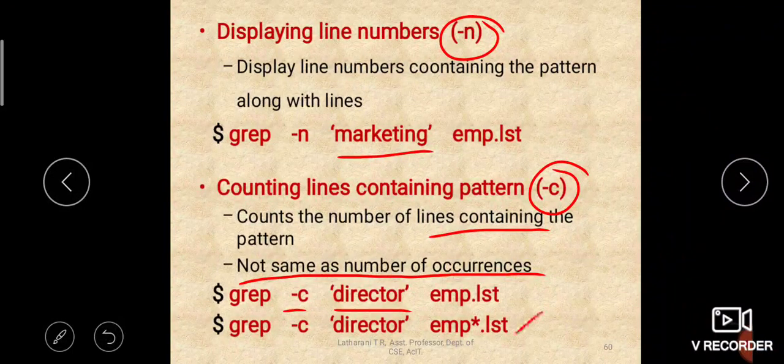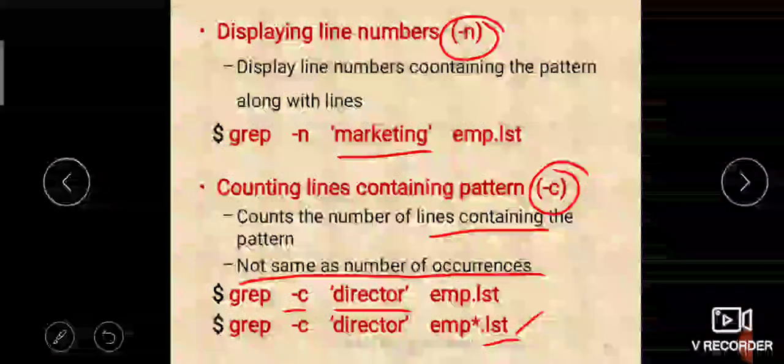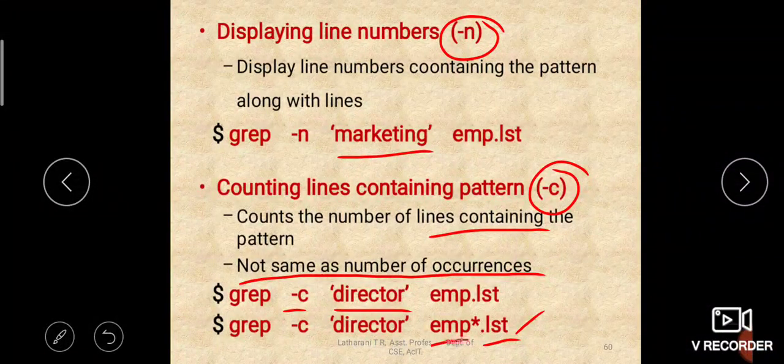Similarly here, if you say grep -c director emp*.list, you can use a pattern also for matching the files. What is emp star dot list? The file name should start with emp followed by anything, but it should end with .list.